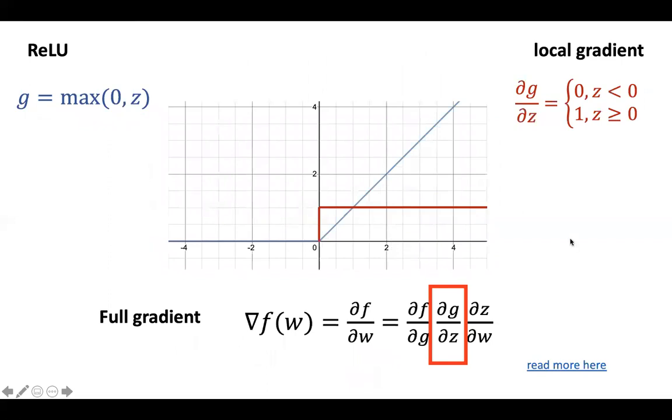Let's take a look at another activation function, which is the popular choice for the hidden layer. It is the so-called ReLU, or rectified linear unit. Basically, it's a max function or thresholding function. What it does is set to 0 all negative values of z, or the input, and all the positive values and 0 are unchanged.